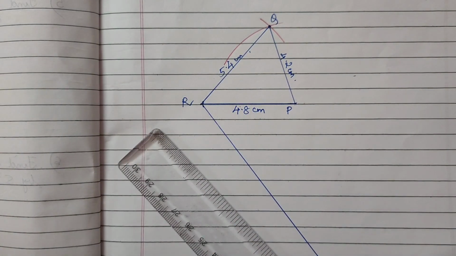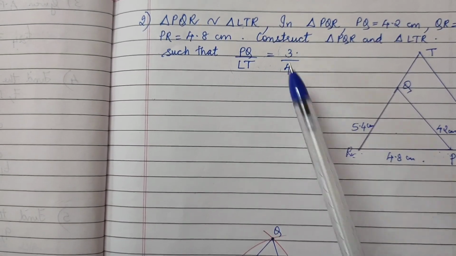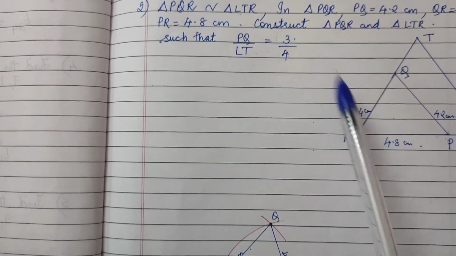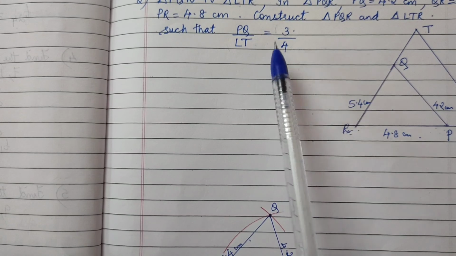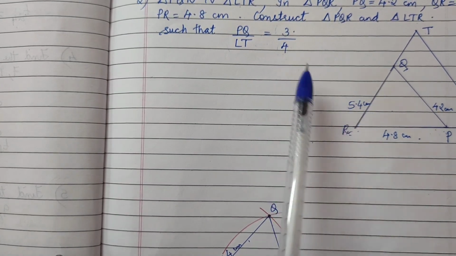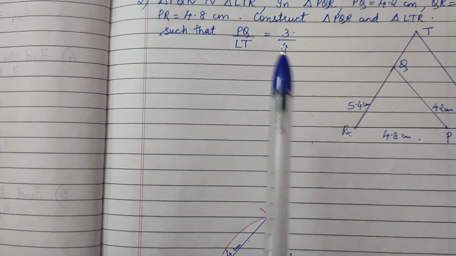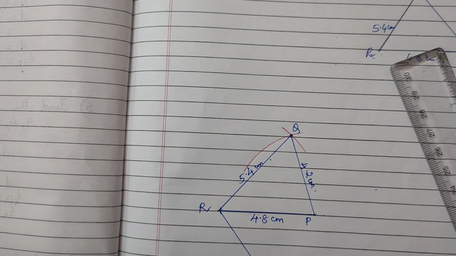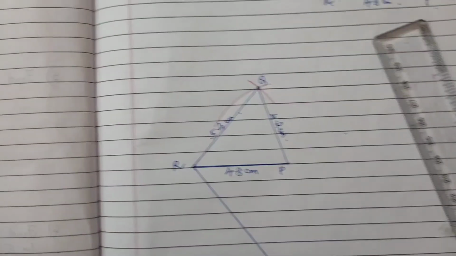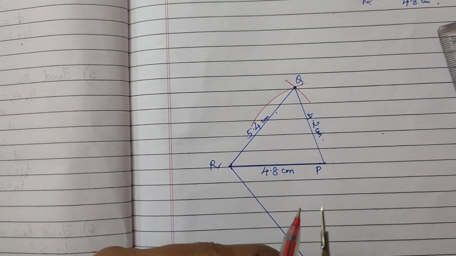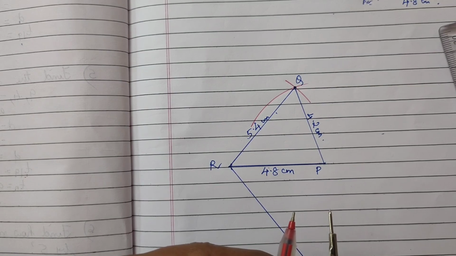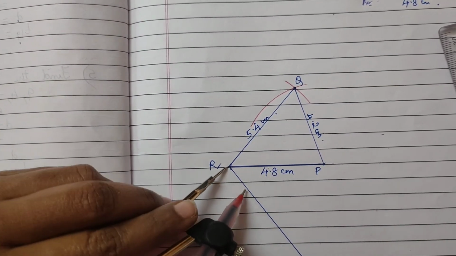You can roughly draw it like this. Now after that, we are again going to see the ratios here, 3:4. Whichever is the biggest one, that is 4. If it were 4:5, then 5. That much arcs we are going to cut into equal parts. So we consider this is the biggest one, so 4. So I am going to make 4 equal arcs here. You can have the radius anything, very small or big, it's up to you. I am taking it this way, so it's 4 equal parts.